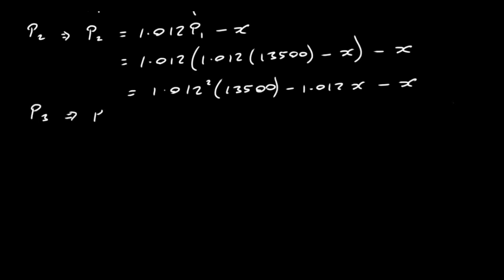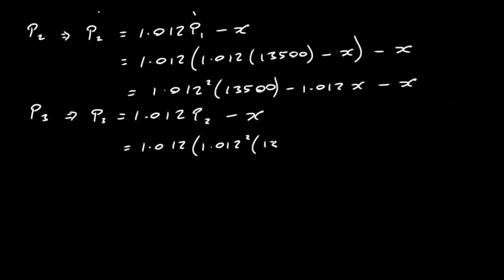Okay, so let's have a look at P3. P3 is going to be equal to 1.012 times P2 minus x. So P2 is this thing here, so let's put that in. So it's 1.012 times 1.012 squared times 13,500 minus 1.012x minus x, and then finally this minus x comes out here as well.